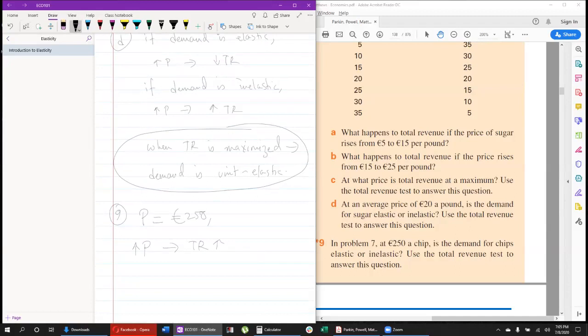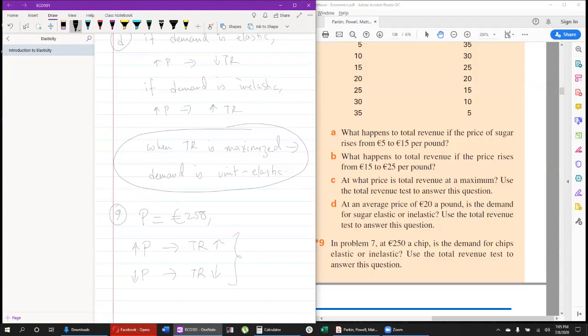If you increase the price to 250 and then calculate your total revenue, you're going to see that it has increased. Similarly, from 250, if price goes down, you're going to see that total revenue has gone down.